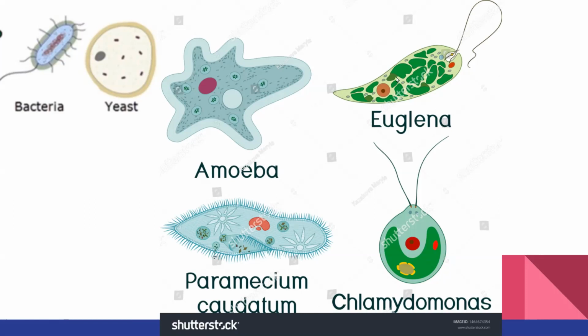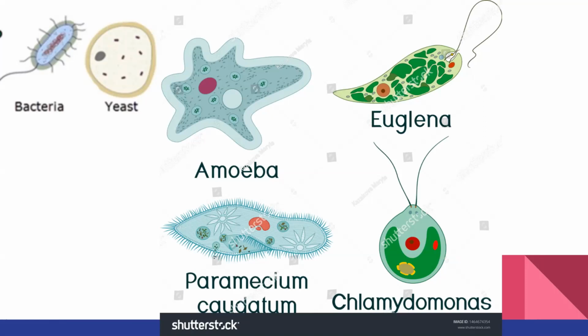Now you can see more about unicellular organisms. If you see the amoeba or paramecium, euglena, bacteria, etc., their body is made up of one single cell. Even if it is seen bigger in the picture, their body is very, very small. We cannot see with our naked eye. We can see them only with the help of a microscope.